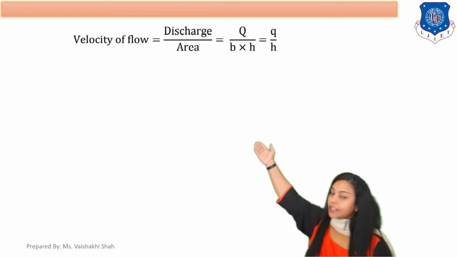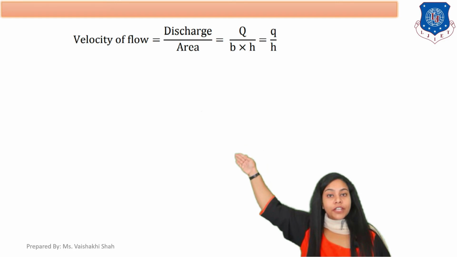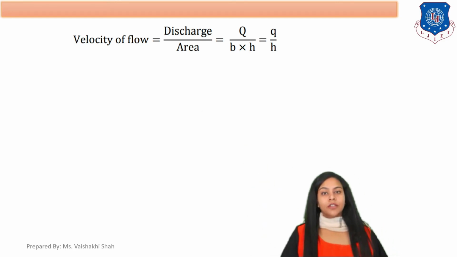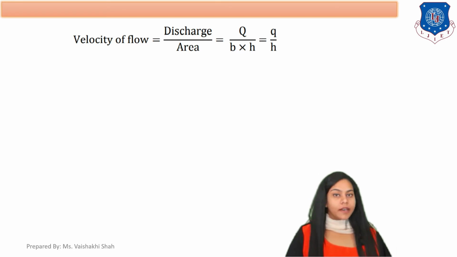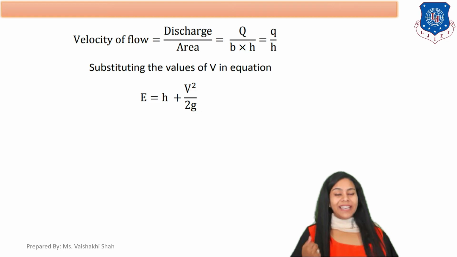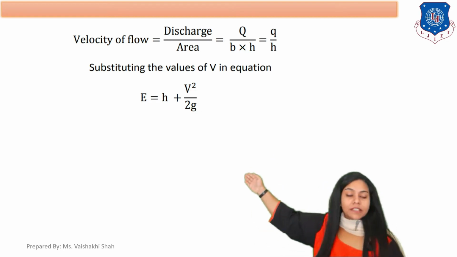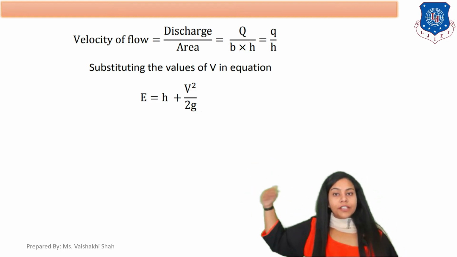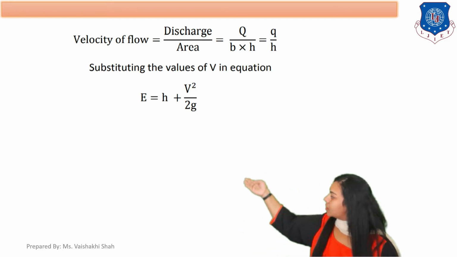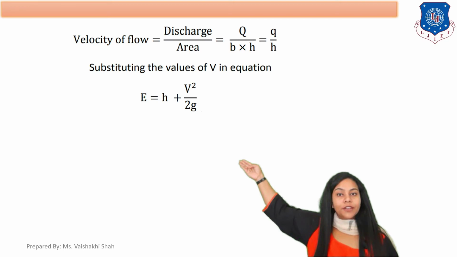So the equation for velocity of flow is small q by h. Clear? Now placing the value of v in the equation of specific energy, E equals h plus v square by 2g.